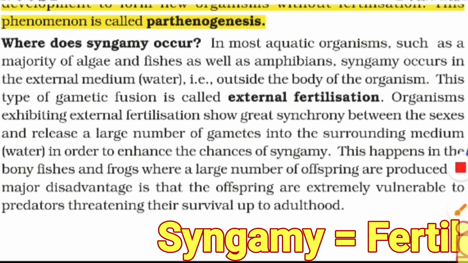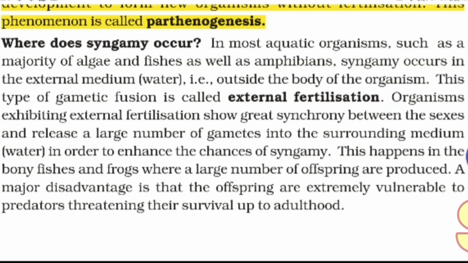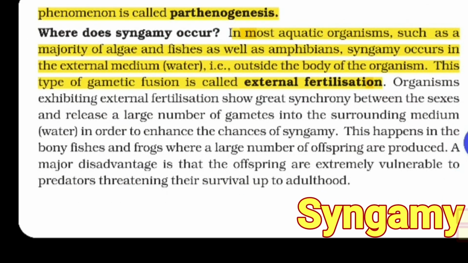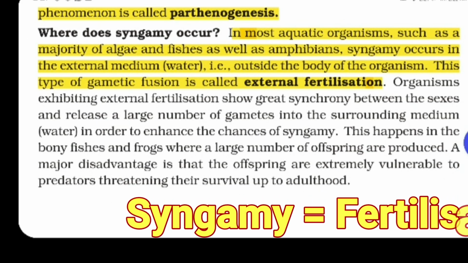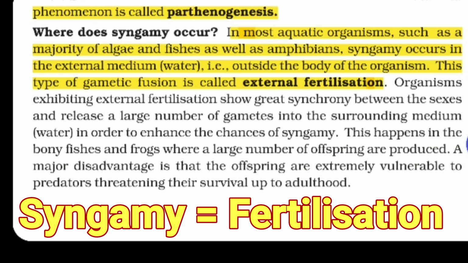So where does syngamy occur? We have two kinds of condition for syngamy. It may be external or it may be internal. In most aquatic organisms, such as the majority of algae and fishes as well as amphibians, syngamy occurs in the external medium. So most aquatic organisms show external fertilization.